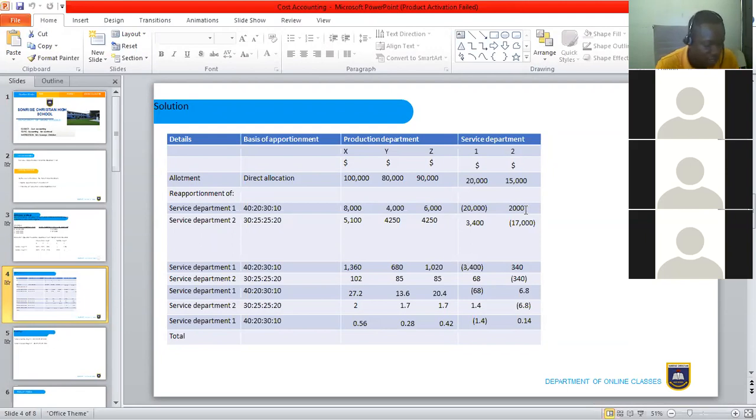Do not forget, I said for the repeated method, you must keep on sharing the cost until it becomes insignificant.